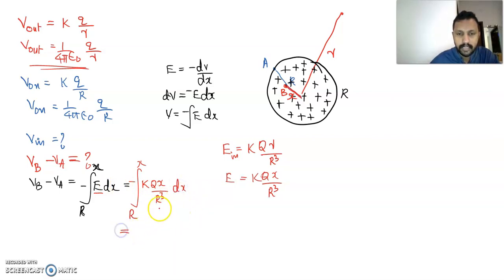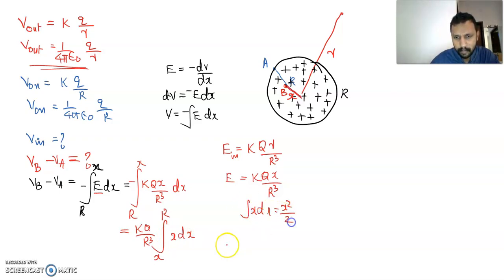Taking the constants out, kq and capital R cube are constant, therefore kq divided by R cube is taken out, and if there is a negative sign we could neglect that negative sign and change the limits. That is, I'll write from x to R by changing the limit. What is the integral of x dx? It is x square by 2.